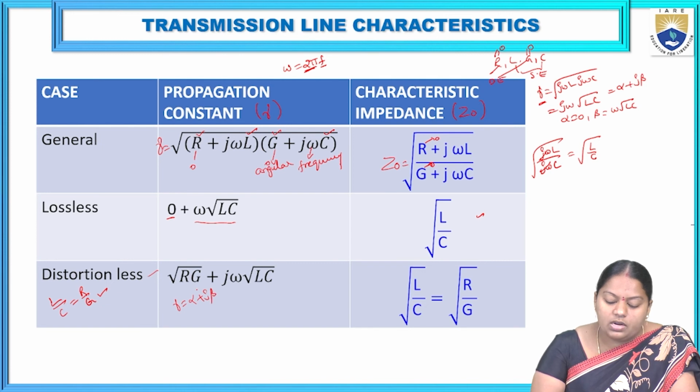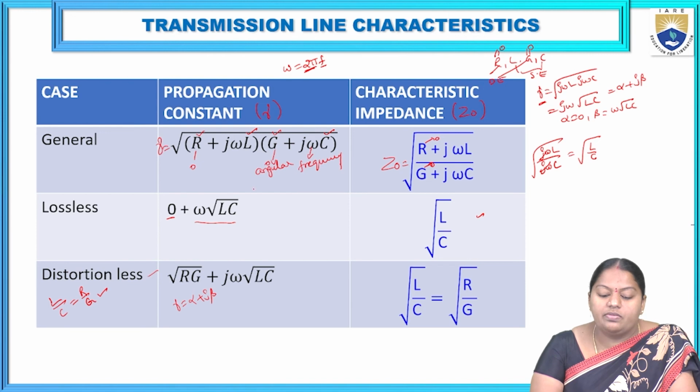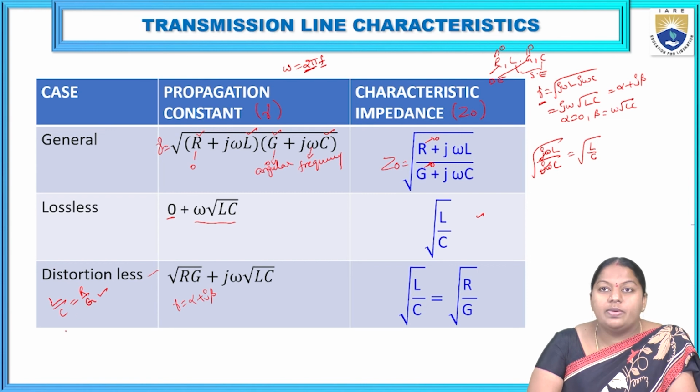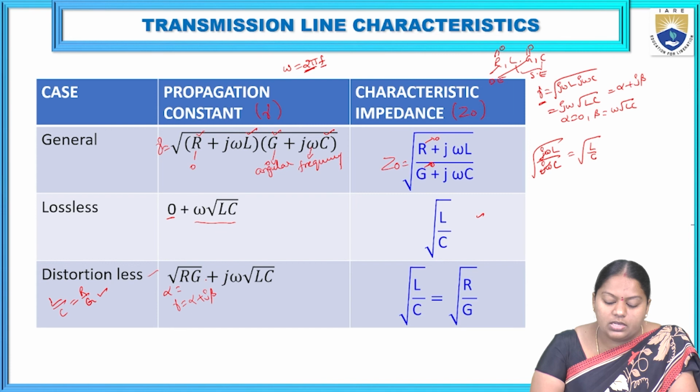Now if you evaluate that one, gamma in the general equation is given by root over (R plus j omega L) into (G plus j omega C). If you substitute R and G by the distortionless condition, then it becomes alpha equal to root RG and beta equal to omega root LC.